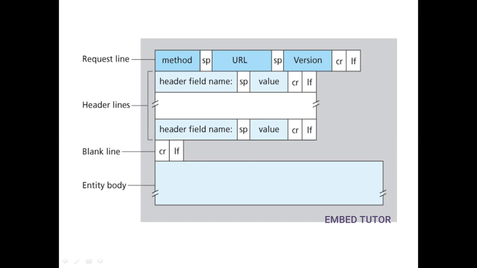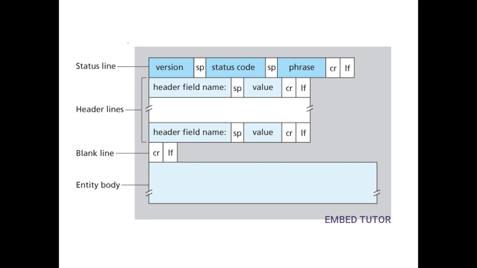The next slide will give you the HTTP response message, in which you can see the version number followed by the status code. All of you know that HTTP status code 200 is very popular, that is OK, and HTTP status code 404 is called page not found, followed by the various header fields and their values.